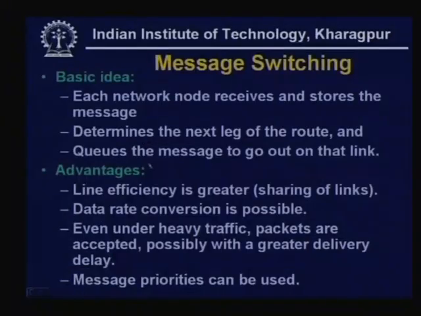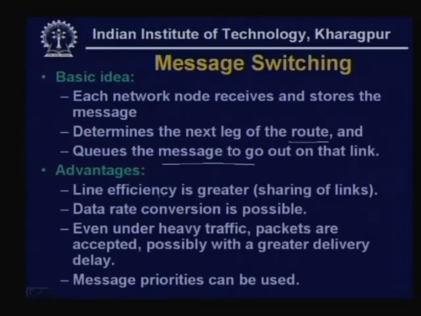The message is stored, that means nodes are provided with some buffer, and it is stored until a link or a path is available in the direction of the destination. So the queue of messages goes out on that link. Obviously it has to do routing, and then on that route the message can be sent in the form of queues.